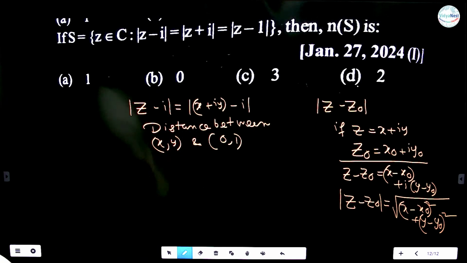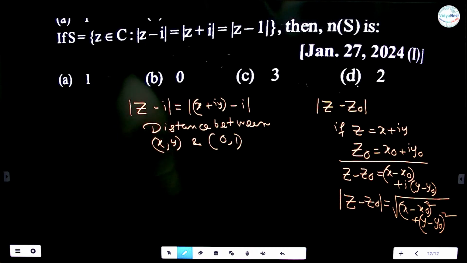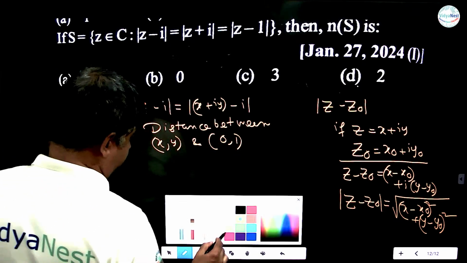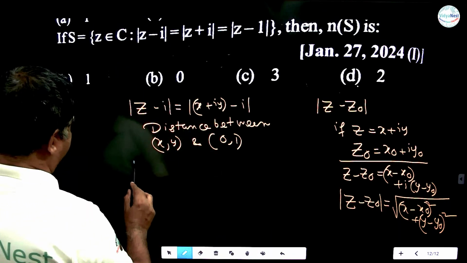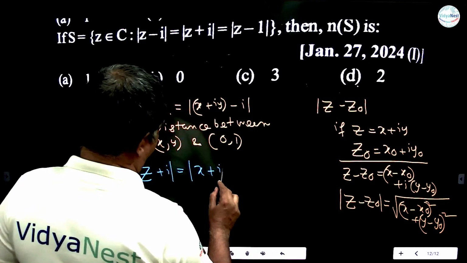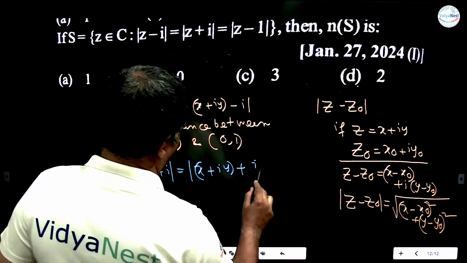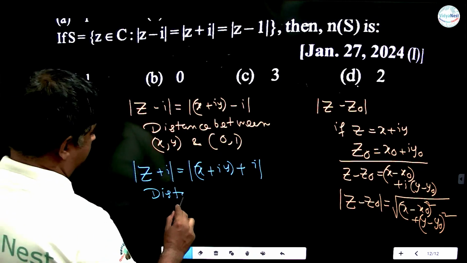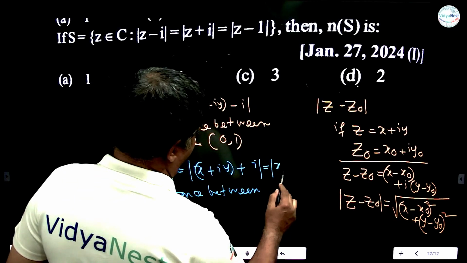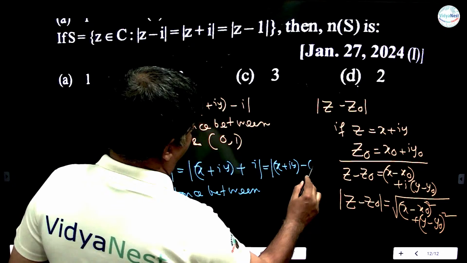What about z plus i? Just wait. Z plus i is the distance between, this can be written as x plus iy minus of minus i.